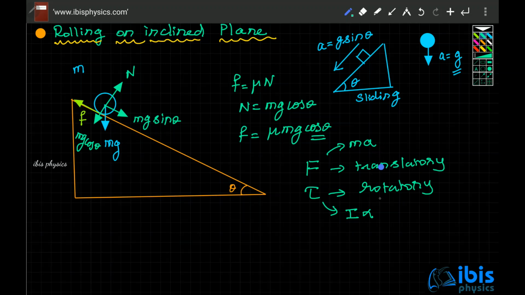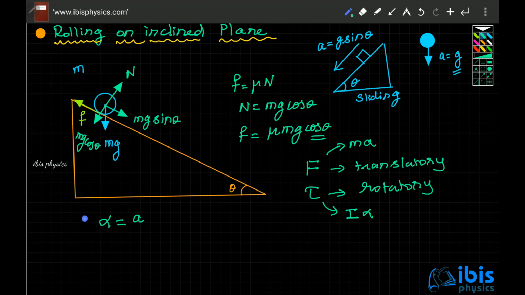How are a and alpha related? If it is pure rolling, and here the assumption is that it is rolling, there is no slipping, there is no sliding, it exhibits pure rolling motion. In such a case, alpha is equal to a by r.